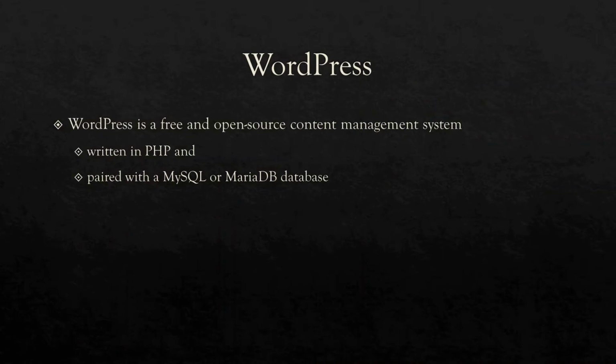So what do you mean by WordPress? WordPress is an open source content management system that has been licensed under General Public License version 2. It means that anyone has the right to use and modify the WordPress software for free.